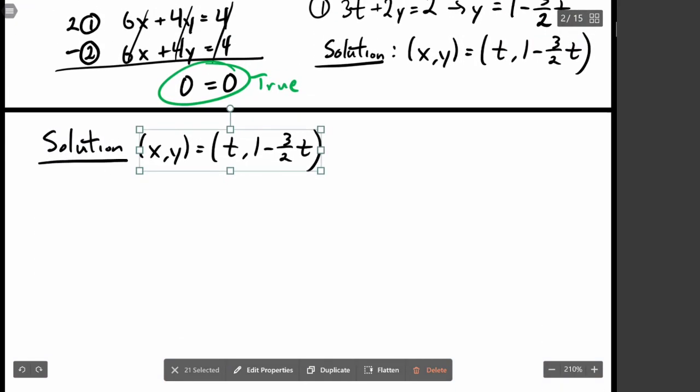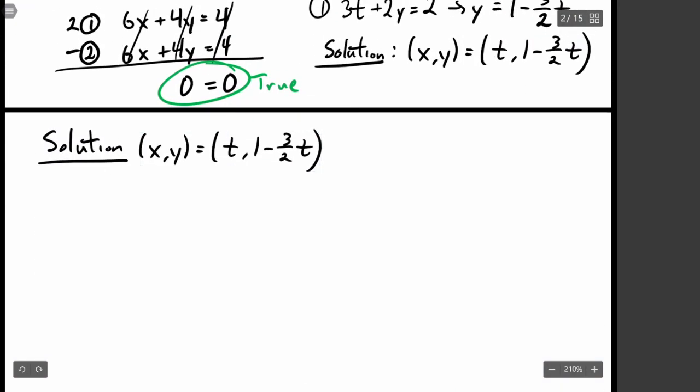What we're going to do is split this into 2 pieces: a part with only constants and a part with only t's. The first component has no constant, so it gets a 0. The second component has a 1, so the constant part is (0, 1). And then it's plus (t, minus 3/2 t).